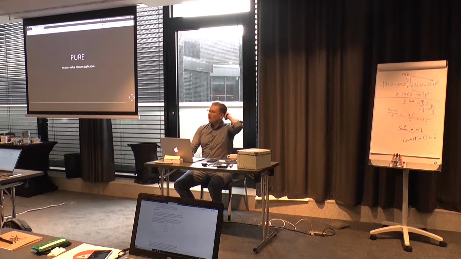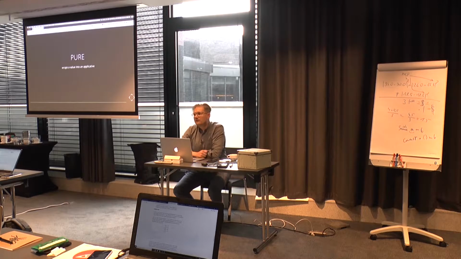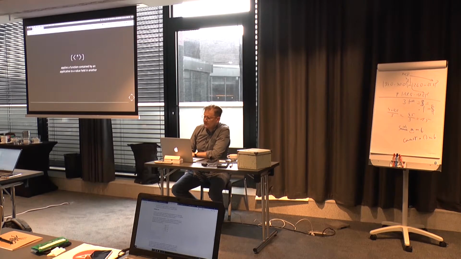So we're going to need, with applicative, to provide an implementation of pure. And this is simply going to wrap up a value into an applicative. And we're also going to need to provide an instance of this function right here.